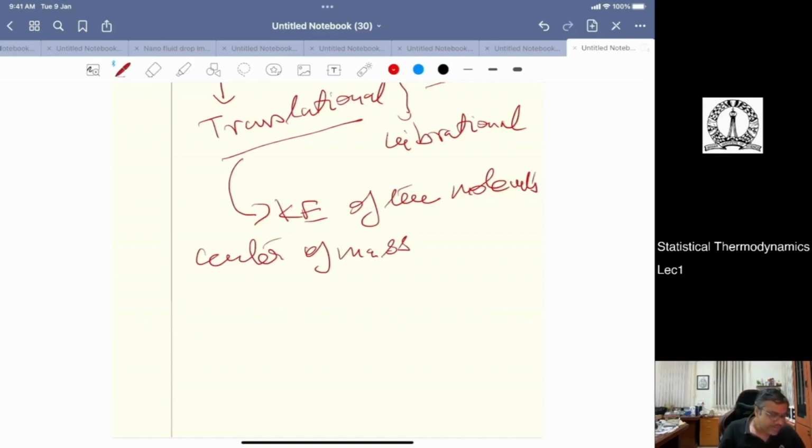So as you can understand, combining all these energies is what gives you the total energy, or the total internal energy, if I might call it.